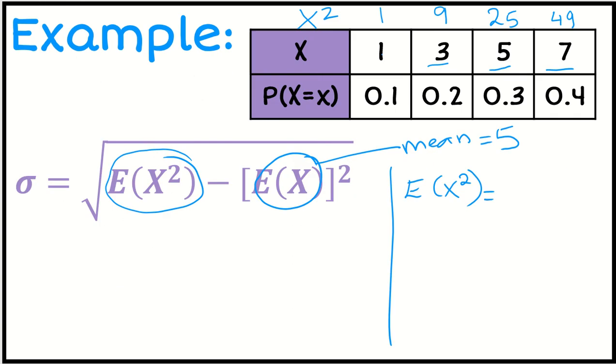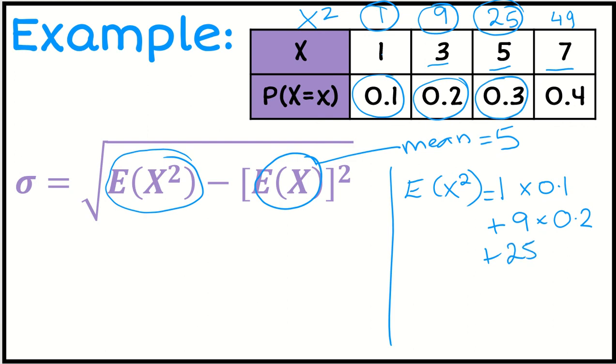So I'm going to have 1 times its probability of 0.1, plus 9 times its probability, plus 25 times its probability, plus the last one, 49 times its probability. And that will give me an expected value of x squared of 29.